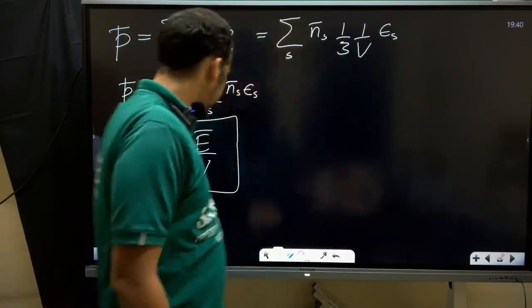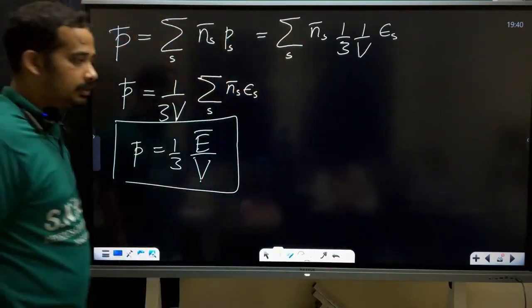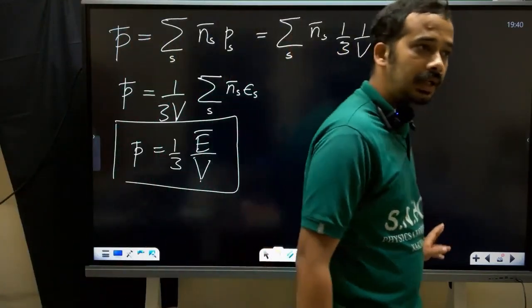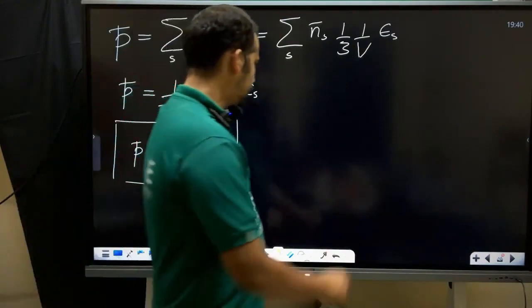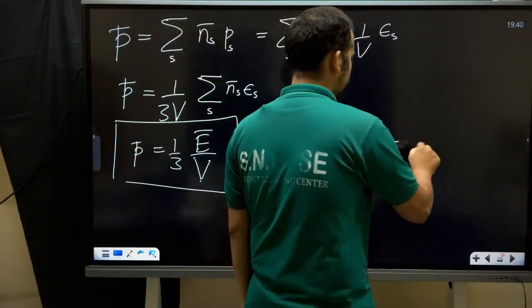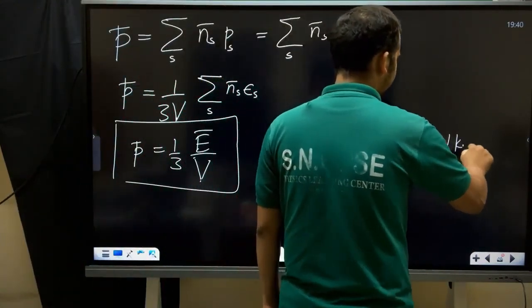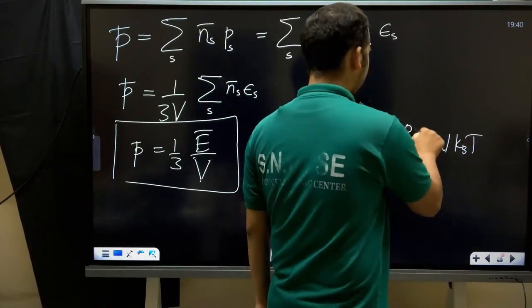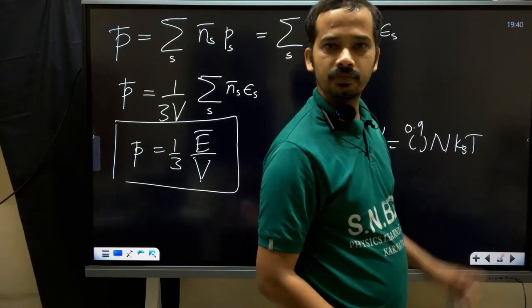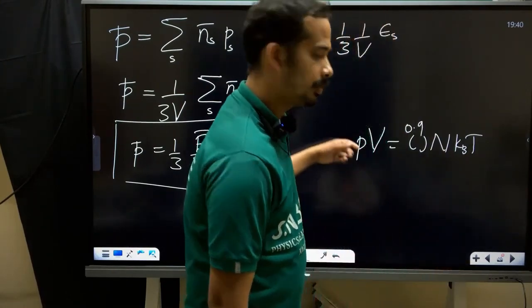In Blundell and Blundell, one problem is there, A, B, C, D, like that. They even define the equation of state for photon gas. What is that one? PV is equal to something into N kB T. This will be around 0.9 actually for photon gas.